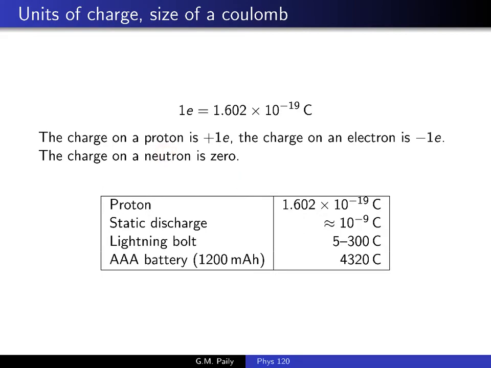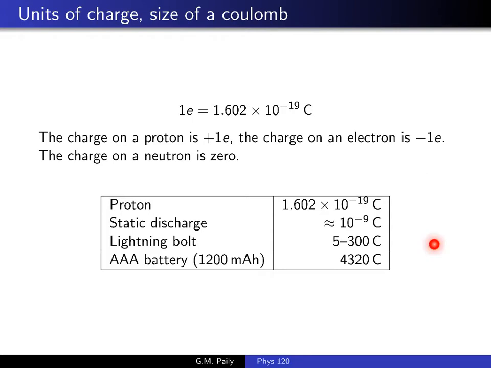These three particles, the proton, the electron, and the neutron, make up atoms, and atoms make up all the everyday matter that we see around us. To get a better idea of how big a coulomb is, we can look at the following comparisons. Well, we've already seen a proton is roughly 10 to the negative 19 coulombs. When you suffer static shock, a static discharge, the amount of charge transferred in that little spark is about 10 to the negative 9 coulombs.